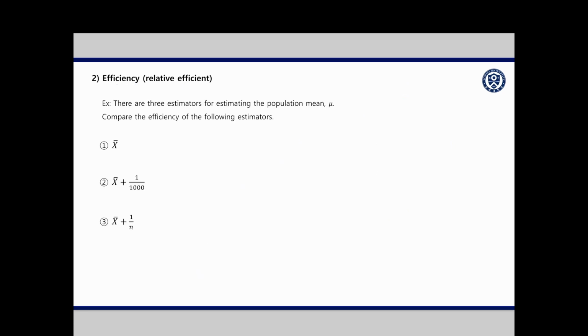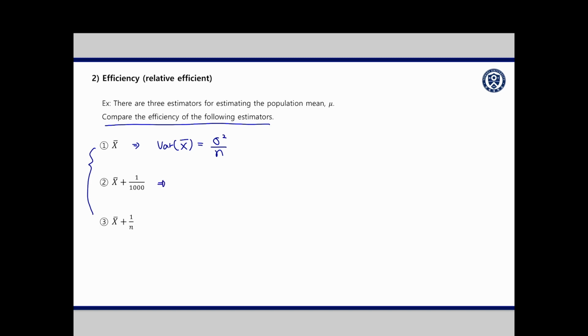Let's look at an example. There are three estimators like this. Compare the efficiency of the following estimators. The variance of x bar equals sigma square divided by n.